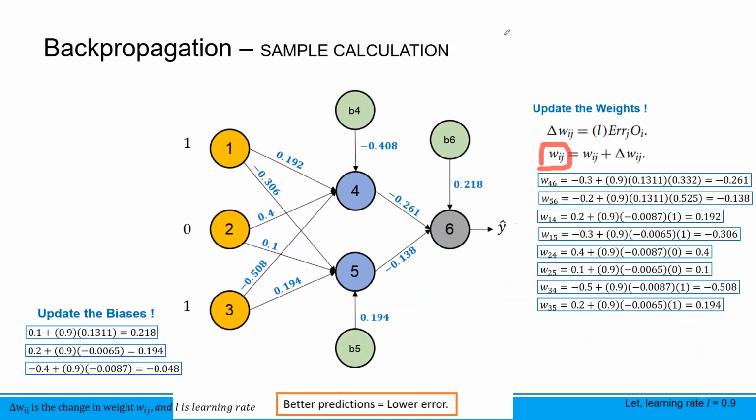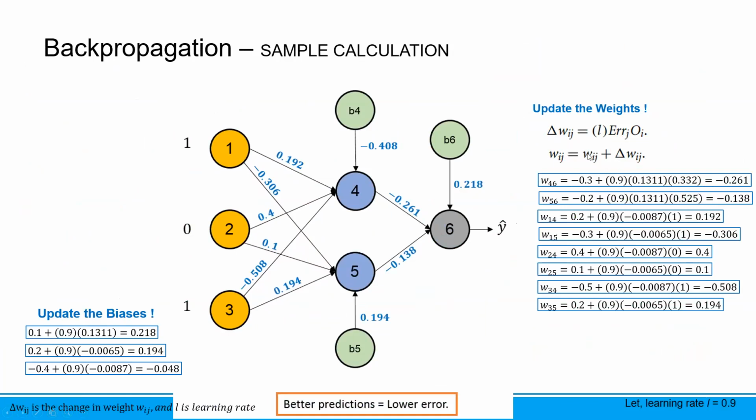If you learn programming, you will have something like A equals A plus B. What does it mean? The new value of variable A equals the current value of variable A plus B. What we want to do here is the same: the new value of Wij equals the current value of Wij plus the delta Wij.